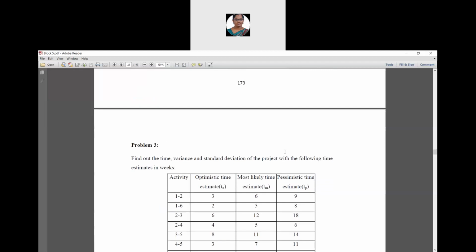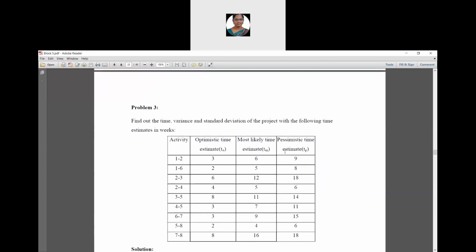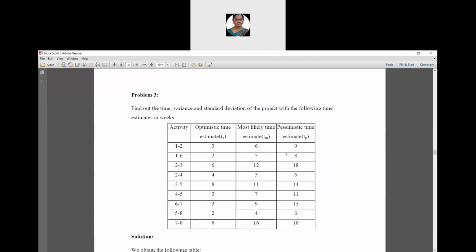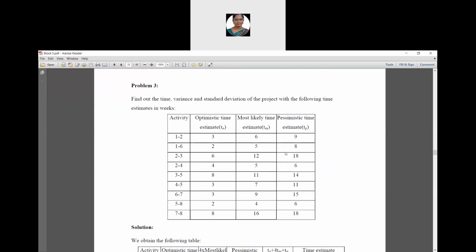Next problem. Find out the time variance and standard deviation of the project with the following time estimates in weeks.